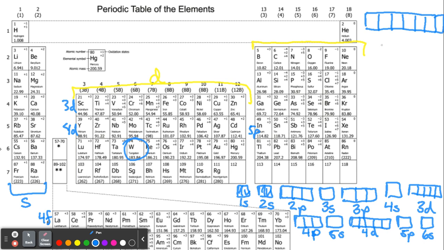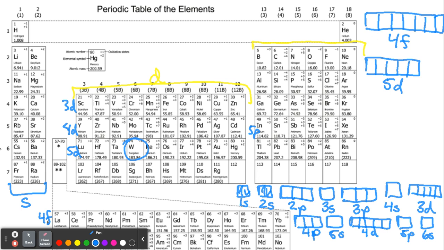And after 4f, then we're going to end up with 5d. Again, it's a D block, so there should be 5 orbitals, because the d's have 10 electrons or 10 elements, which means we need room for 10 electrons, which means there are 5 orbitals.